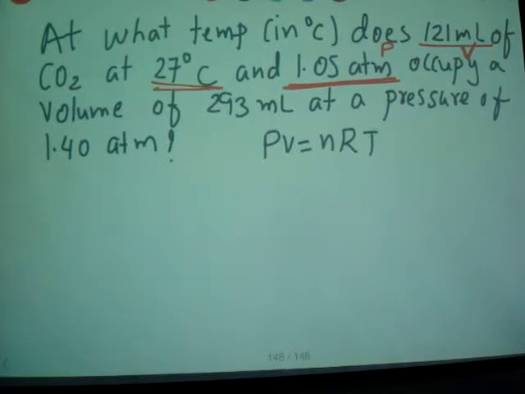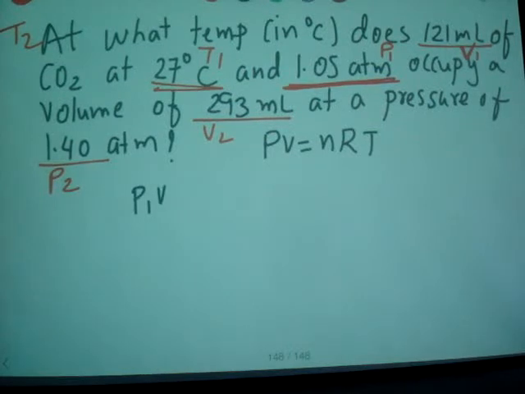In this one we can write for one condition P1, V1 and T1, and we need to find V2, P2 and T2. When you have two conditions we can write P1 V1 over T1 equals P2 V2 over T2. In this case we need to find T2.